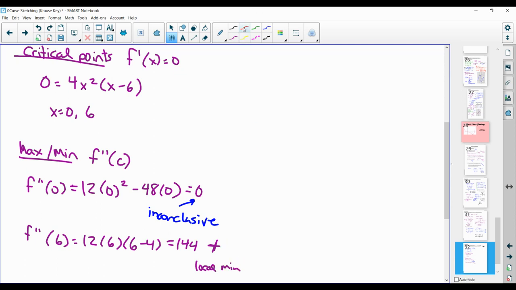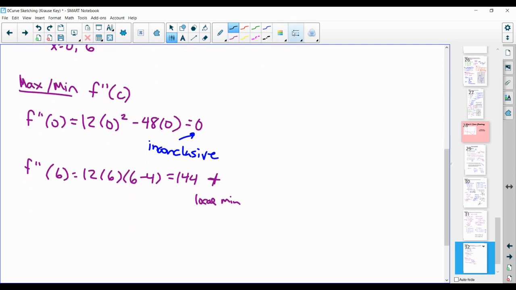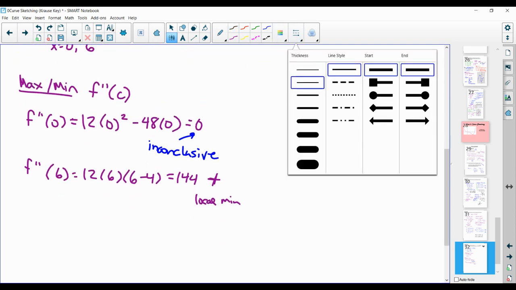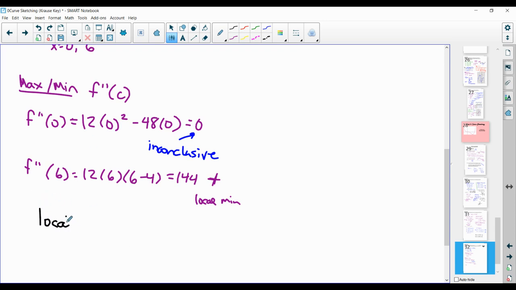Okay. And I'm saving a little bit of the work here, but our local minimum happens at 6, negative 432. So I've done some of that legwork. You would have to go and actually plug those in to the equation to get that second point. So local minimum at 6, negative 432. So we know that so far.